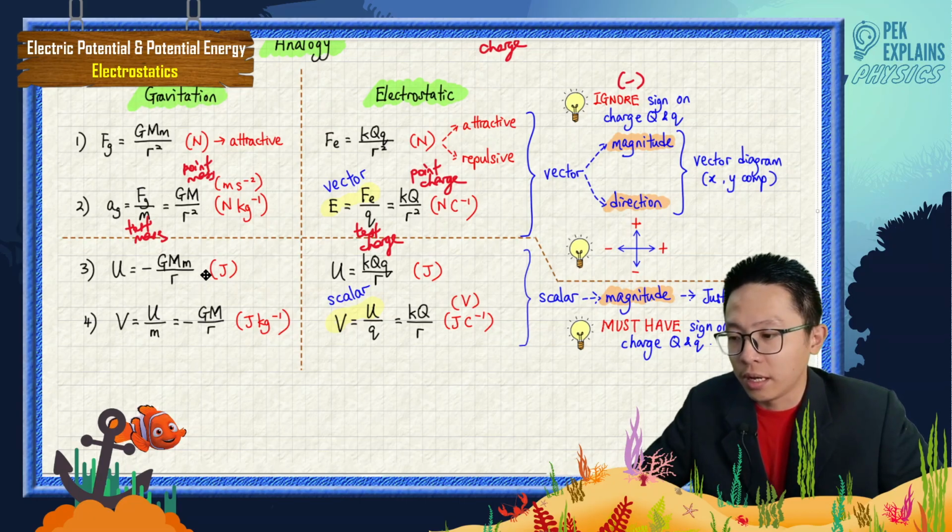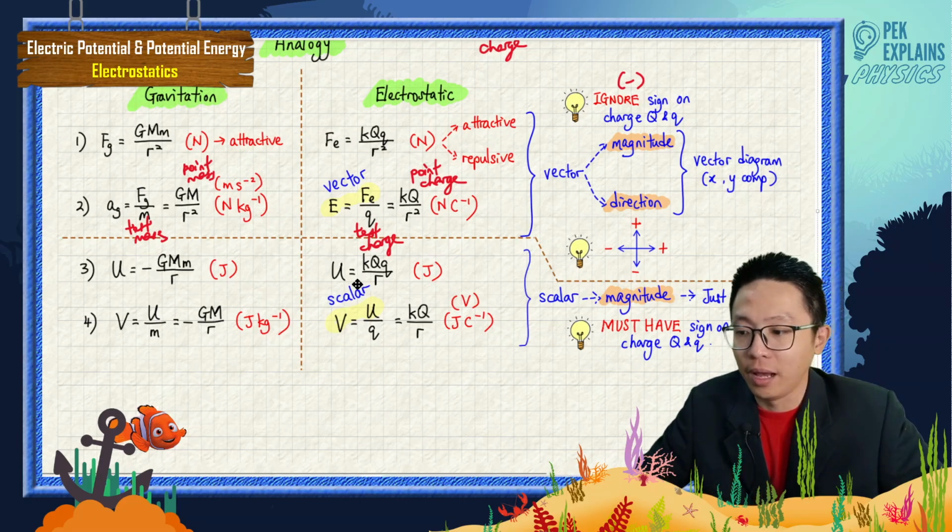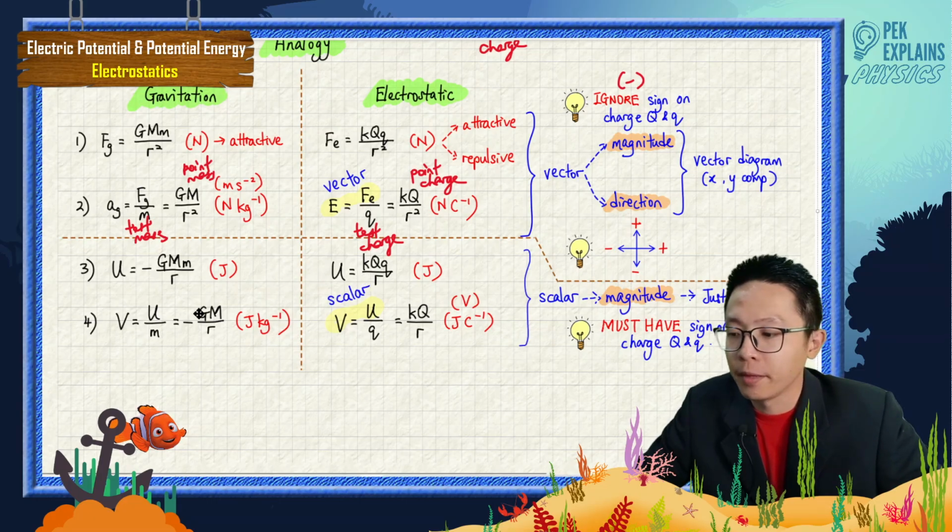It's just that instead of mass, we use charge. But in gravitation you have this negative sign, while the electric potential energy doesn't have a negative sign. So be careful of that.